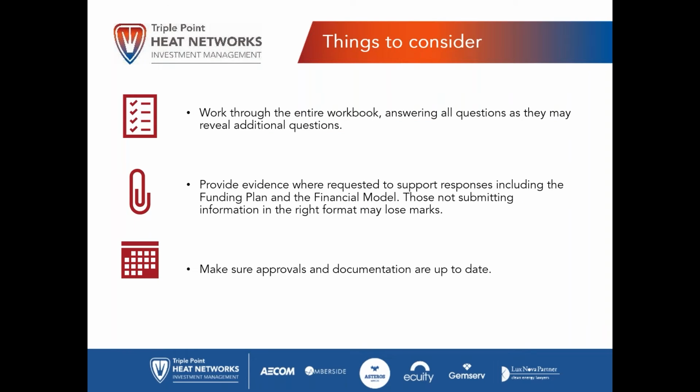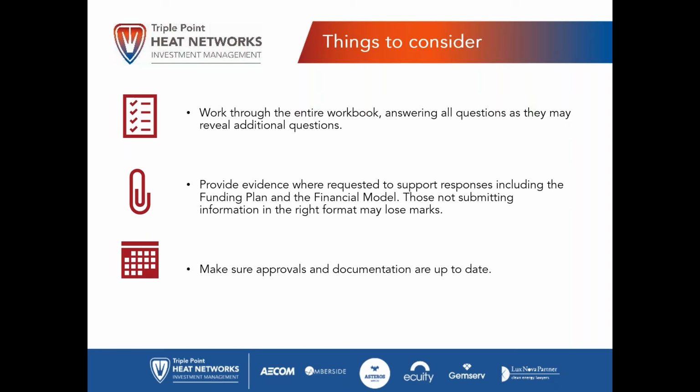So just some things to consider in summary. Please work through the entire workbook, answering all the questions, as they may reveal additional questions as you work your way through. You will need to provide evidence to support some of the responses that you provide. This includes your funding plan and your financial model.